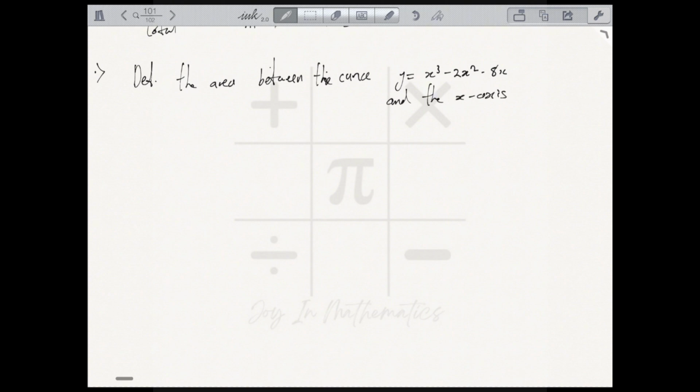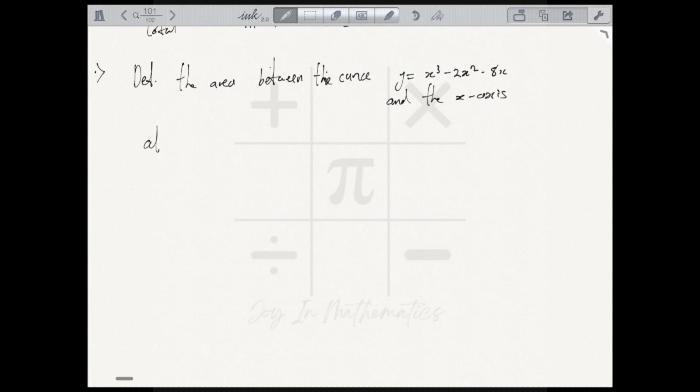Now when we have a question like this that determines the area between the curve and the x-axis, we will notice that in this case we don't have any value of x. That means we are saying from x is equals to this to x is equals to that. So we have to determine the point of intersection of the curve and x-axis.